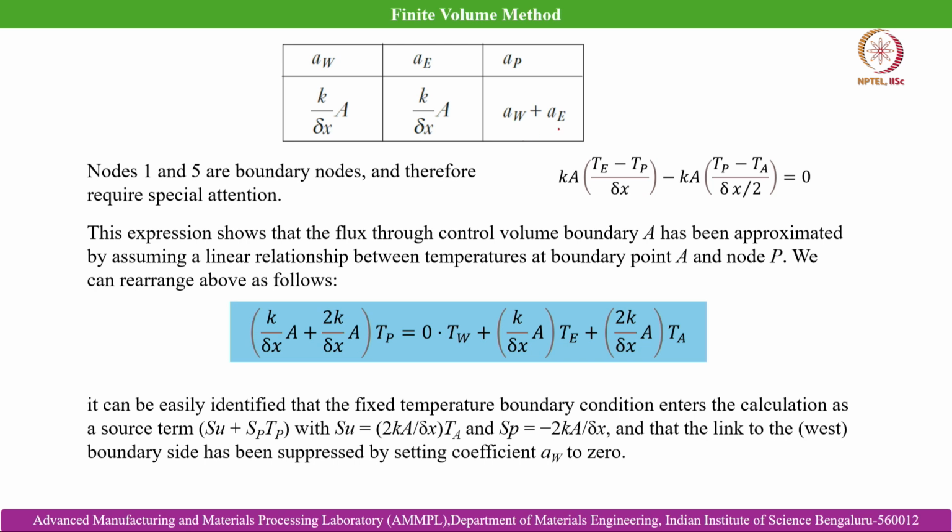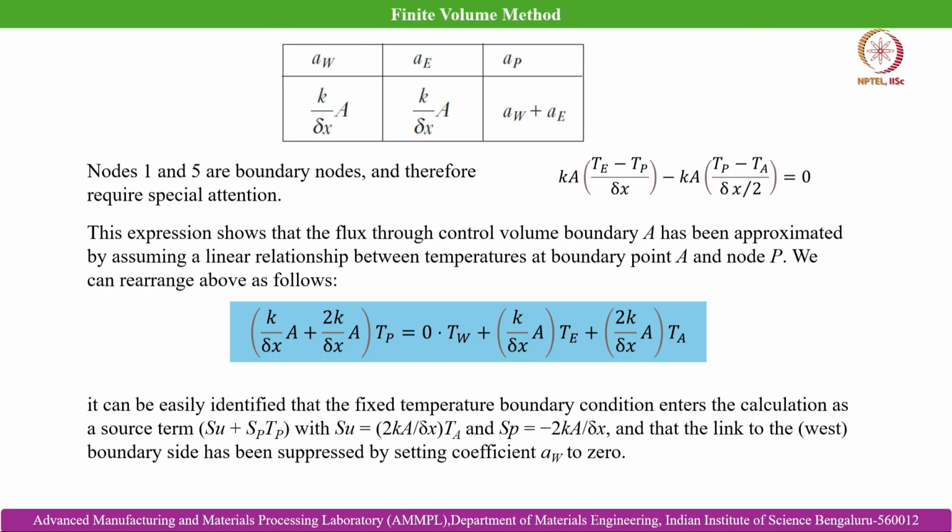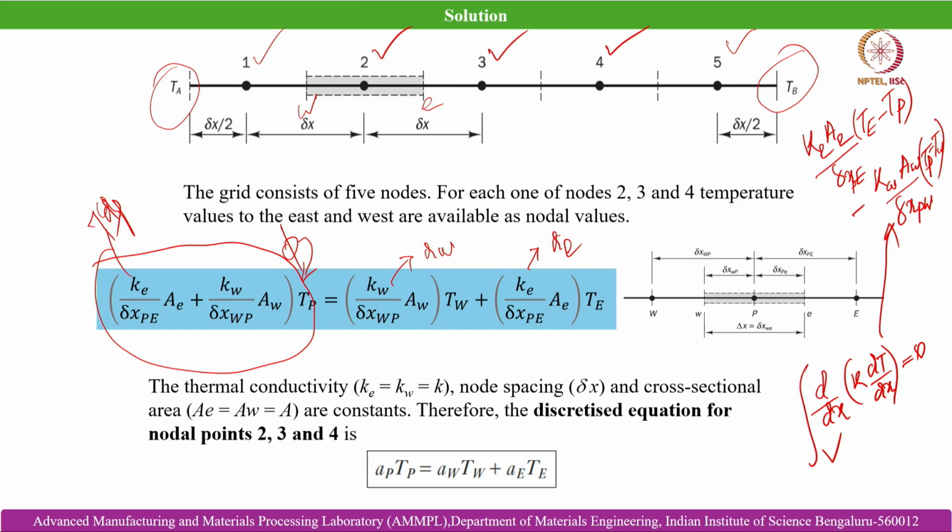Now we come to the treatment of the boundary nodes, that is 1 and 5. Therefore, they require special attention. The difference, like I explained earlier, is that here it should be like the east face of the boundary. If you are considering point 1, then the east node from point 1 is basically node 2.